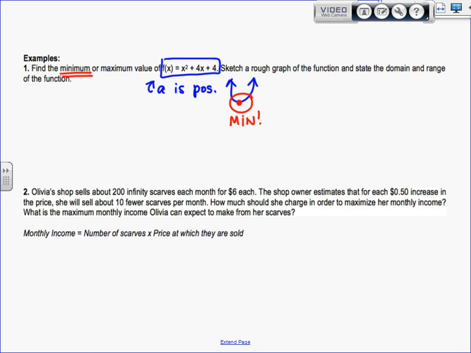So we're going to do our x equals negative b over 2a. I have negative 4 over 2 times 1, because A is 1. You can write them if you need to still: A is 1, b is 4, c is 4. So x equals negative 4 over 2, so x equals negative 2.